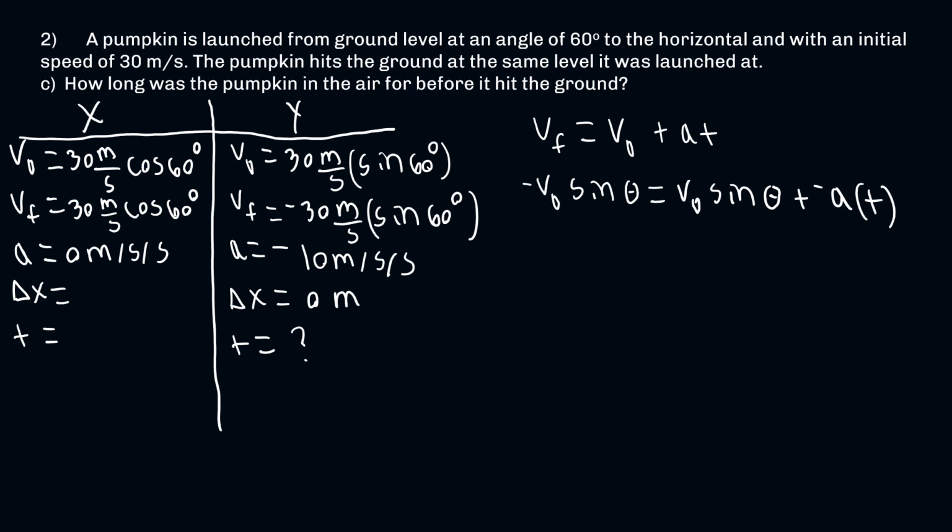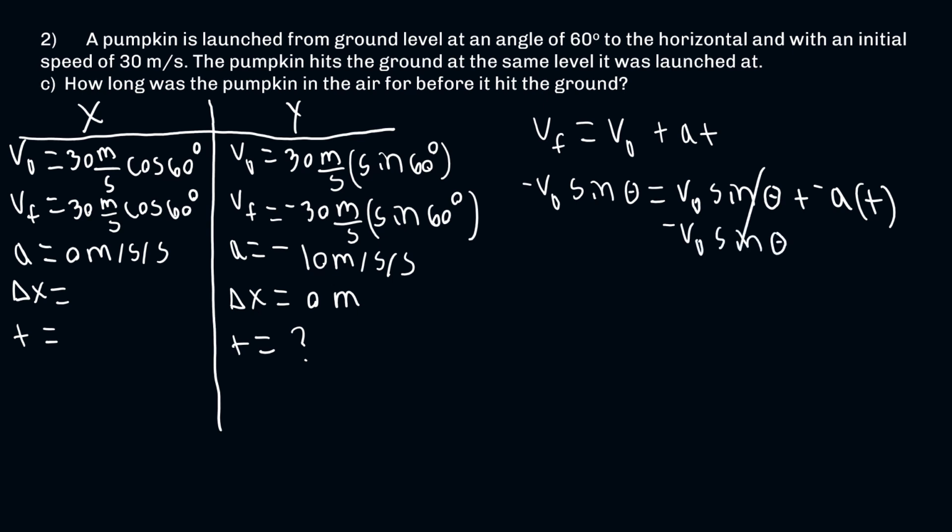So our whole goal here is to get t by itself on one side of the equation. What we're going to do first is, since v naught times sine theta is attached to negative a times t by addition, we're going to subtract this on both sides of the equation.